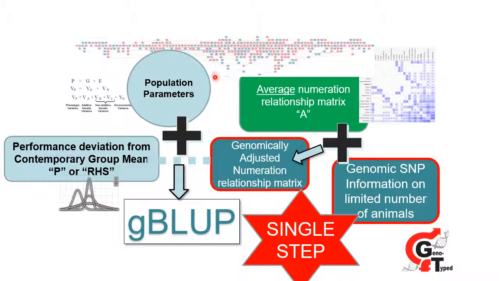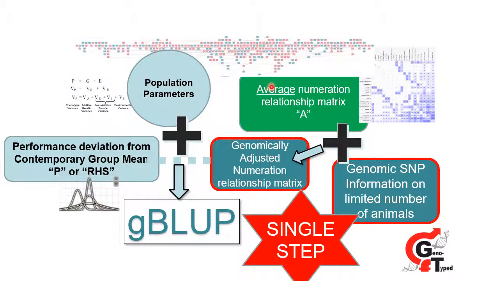You still have your population parameters, that's your heritability estimates and your genetic correlations among these traits. You still have your performance of your animals as a deviation from the contemporary groups or the fixed effects.